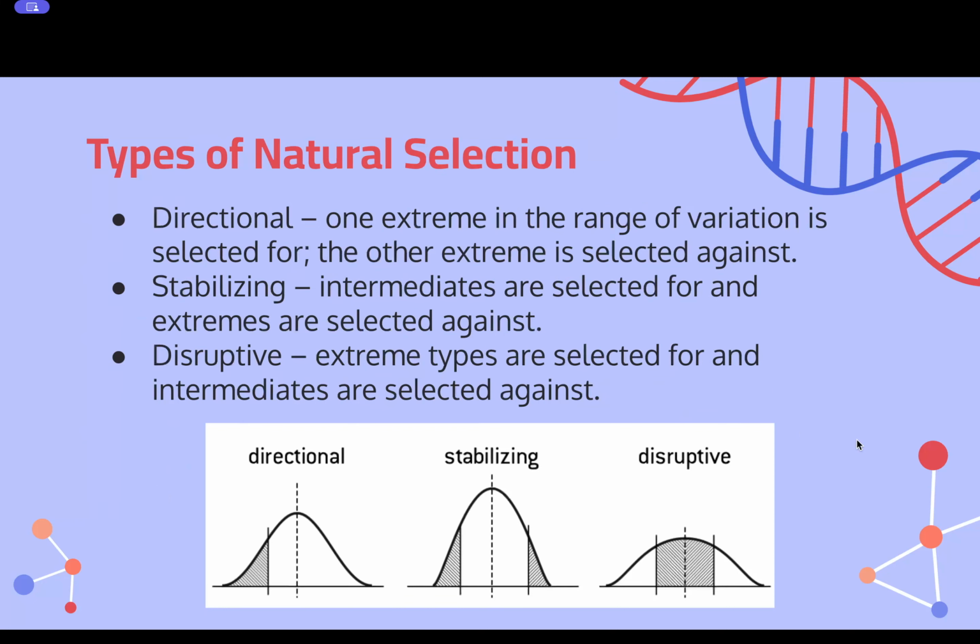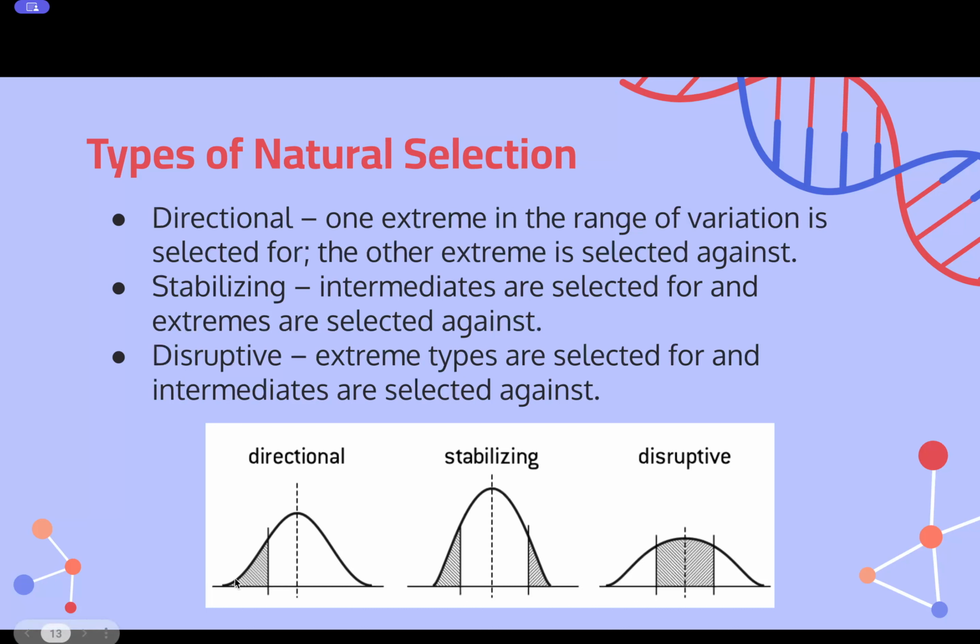Okay, so there's 3 different types of natural selection: directional, stabilizing, and disruptive. Directional natural selection is when, since the word says directional, one direction in the range of the variation is selected for and the other extreme is selected against.